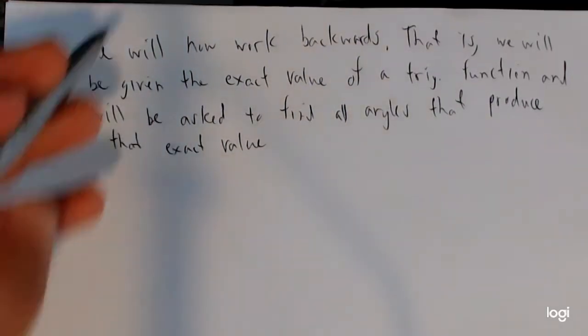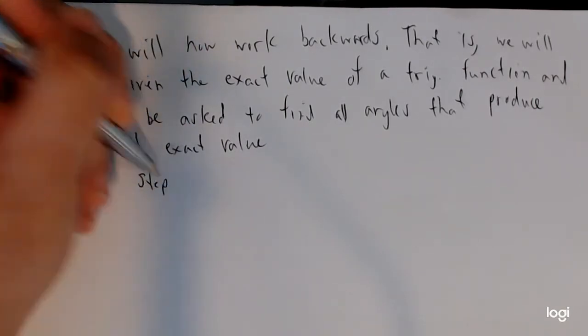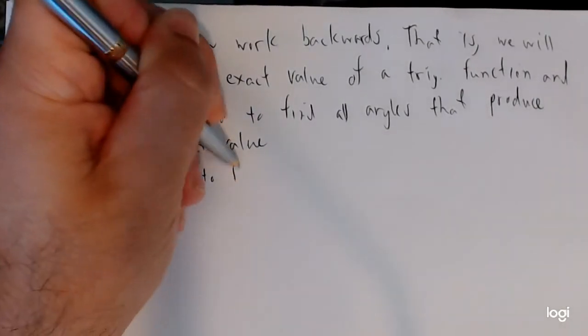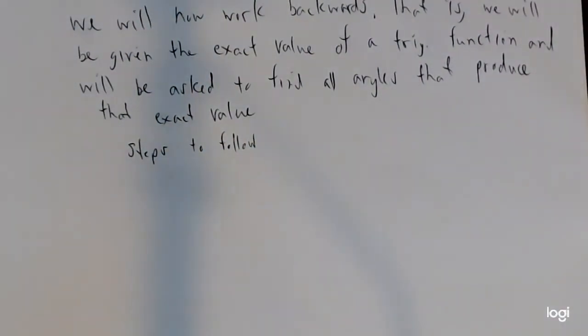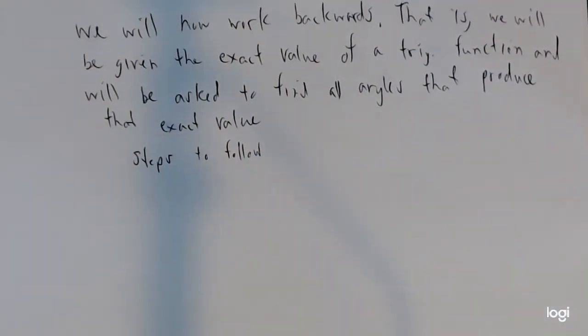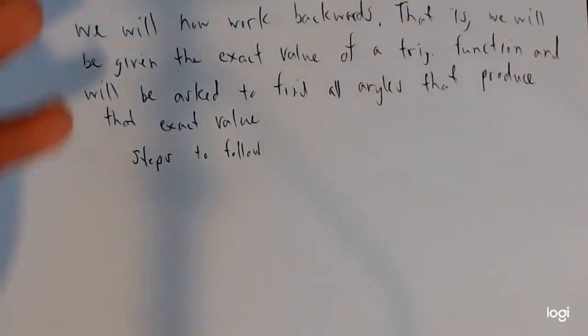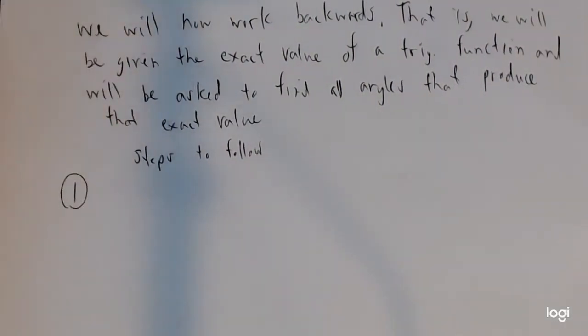Okay, but here are the steps to follow. And what you're going to notice is it's kind of what we saw earlier, but backwards, right? Because when we were given the angles and we were finding the exact values, what's the last thing we found before we could give the answers? We found x, y, and r. But in this step, what's the first thing we're going to do?